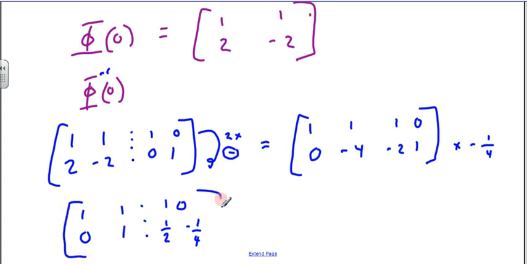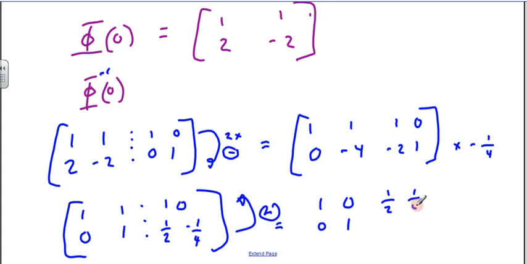All right, and then we're going to take the bottom row and subtract it from the top row, and I'm going to get 1, 0, 1 half, 1 quarter, and 0, 1, 1 half, minus 1 quarter.